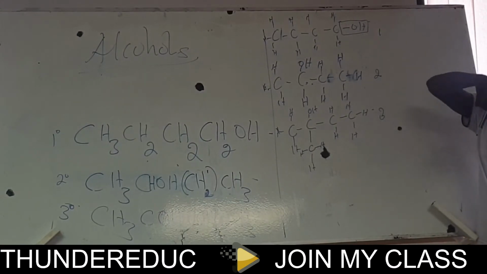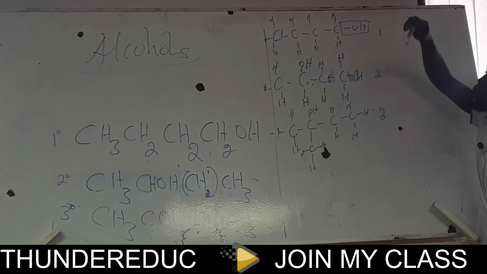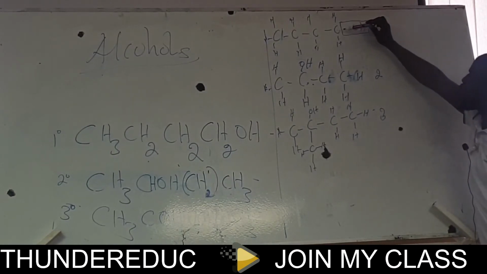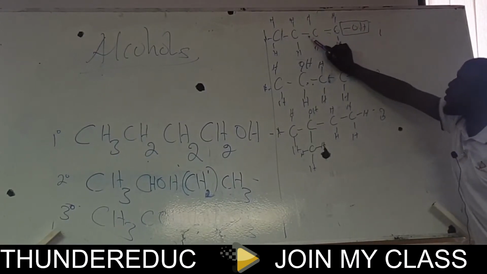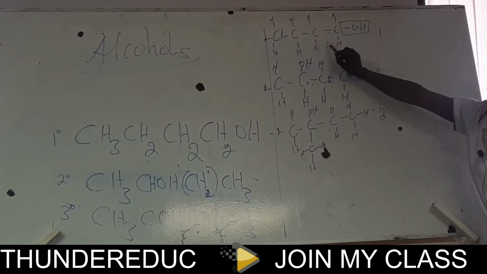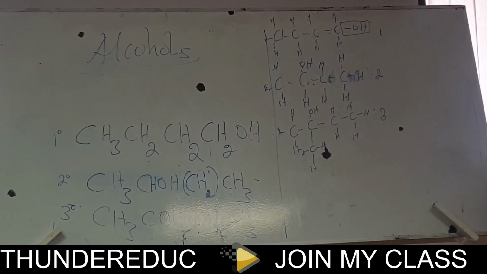Or you can define it in terms of carbon atoms. This is a class of alkyl whereby the carbon atom with this OH group is attached to one alkyl group. One carbon atom. You see, it's only one carbon atom attached.